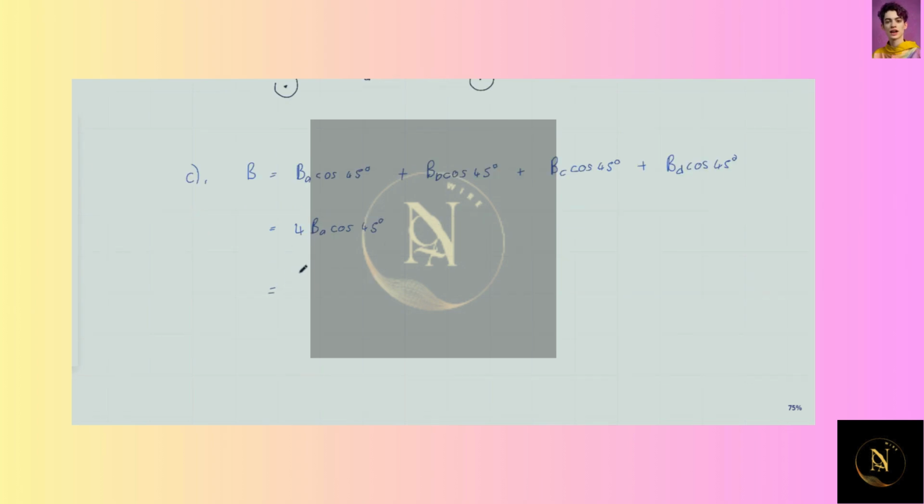And we can expand the magnetic field, since this is a long straight current carrying conductor, as mu naught I over 2 pi r, multiplied by the cosine of 45 degrees.